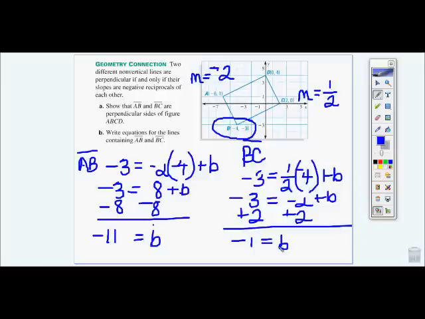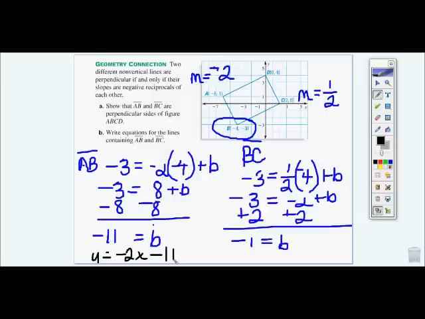Now you're noticing that because they are perpendicular, it's going to follow the same kind of rule as our parallel lines. They're going to need a different y-intercept. They can't cross the y-axis at the same point. So if I write the equation for AB, I'm going to get y equals -2x minus 11.